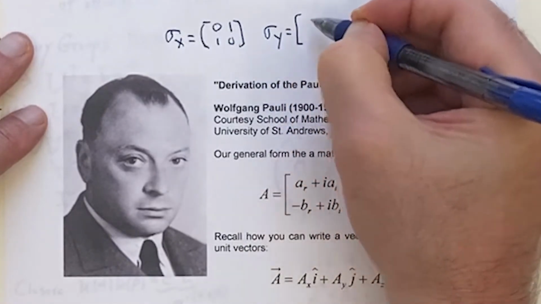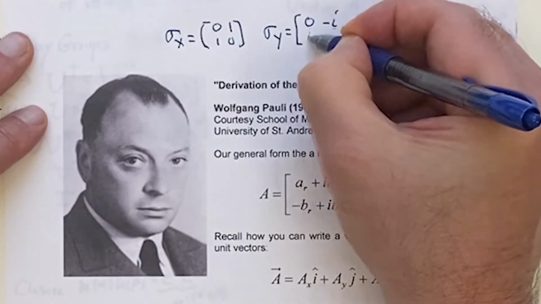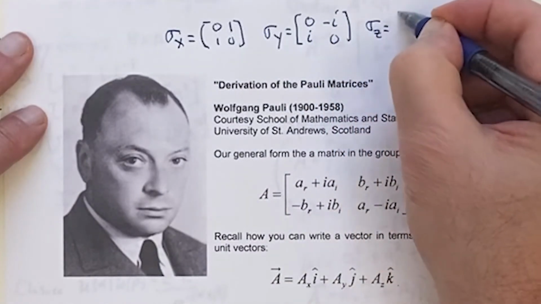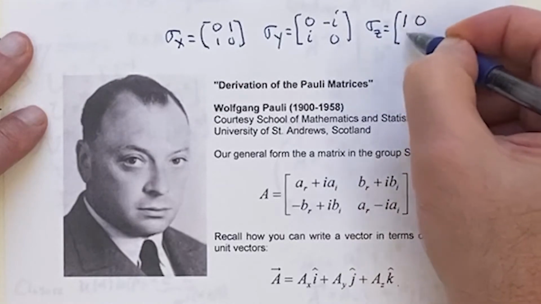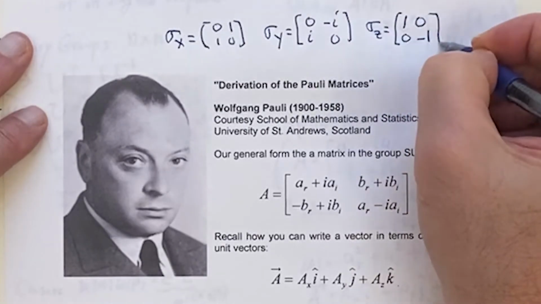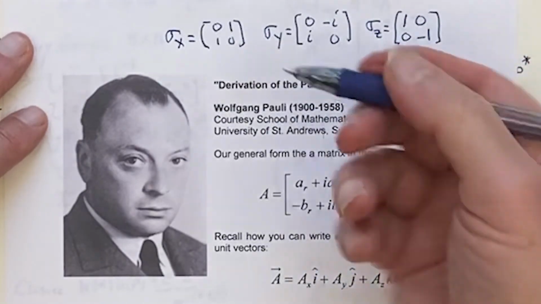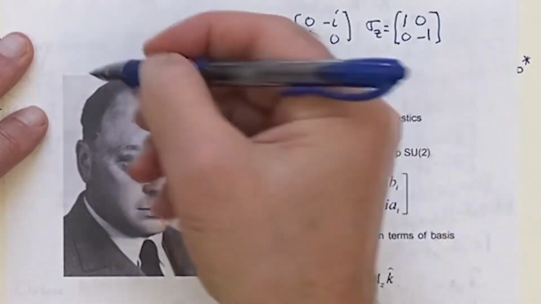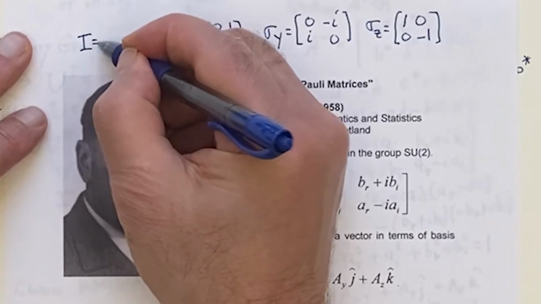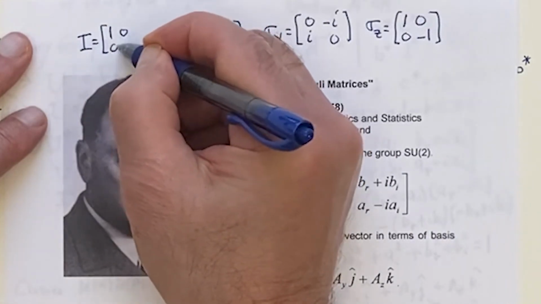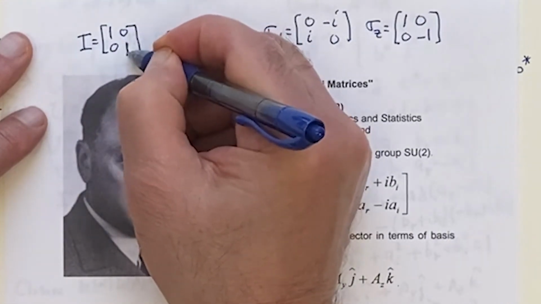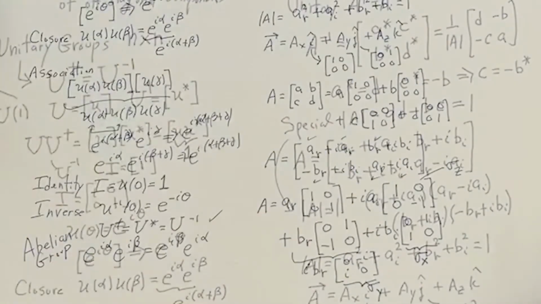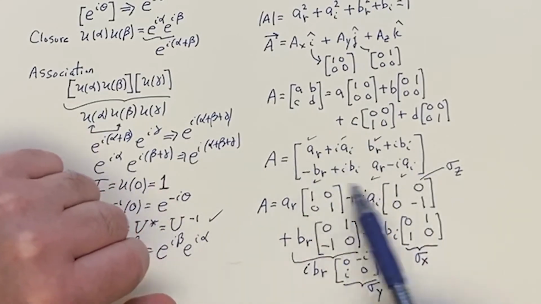And for the y, 0, minus i, i, 0. And for the z, 1, 0, 0, negative 1. And the other basis matrix, you could say, is the identity, which is the fourth one, the natural decomposition that occurred when we studied this carefully.